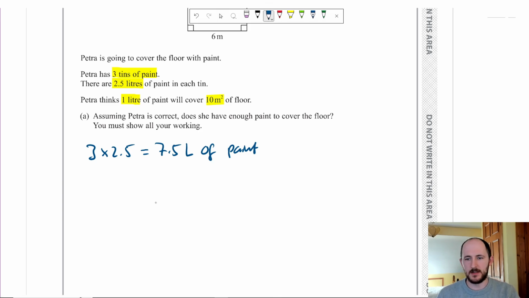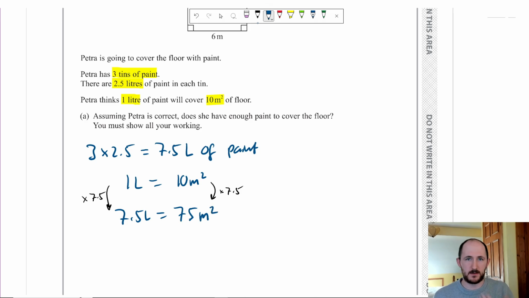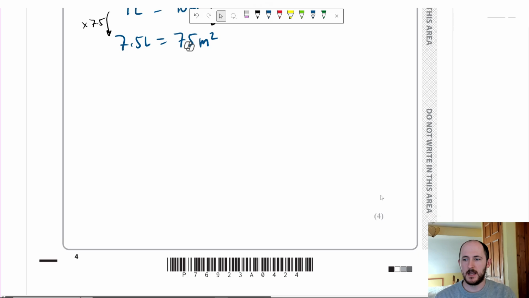So if we write 1 litre equals 10 metres squared, then for 7.5 litres, all I'm doing is timesing by 7.5. And 10 times 7.5 is, of course, 75 square metres. So she can cover 75 square metres of area. Okay, that gets me a couple of marks.